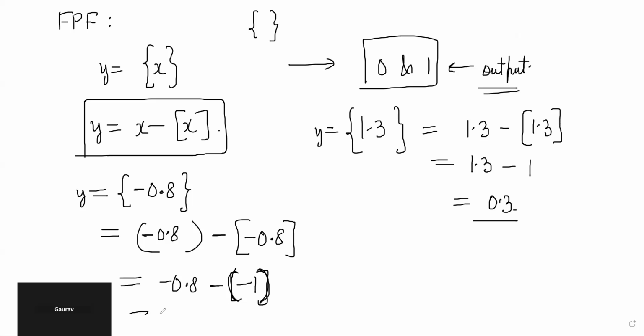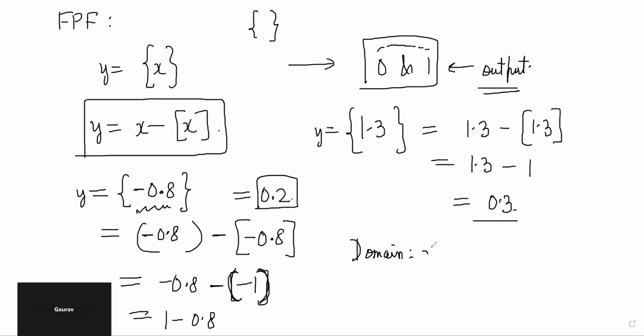So it is going to be plus 1 minus 0.8, which comes out to be 0.2. So notice that the fractional part value, even for a negative number, is positive, and it is always going to be between 0 and 1. The domain is all reals, x belongs to real, right?